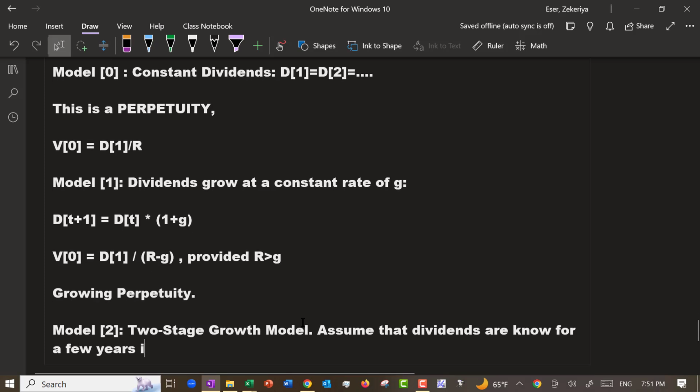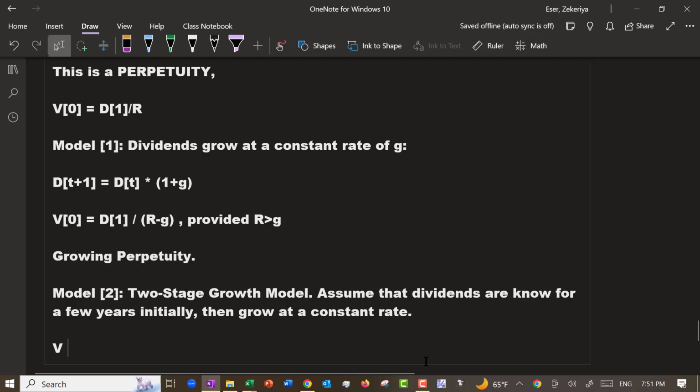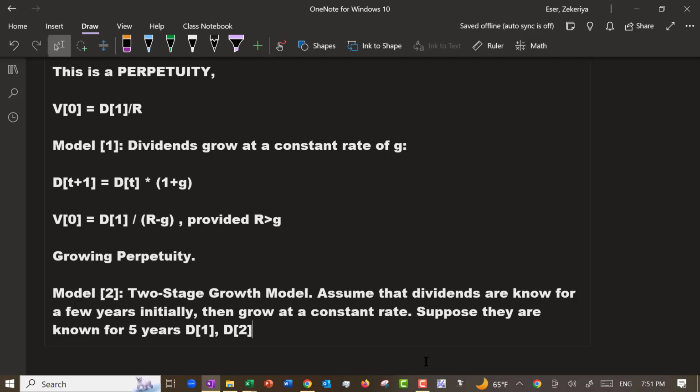And value now is equal to, I'm going to call this PV1 through PV5, where PVT means dividend for that period divided by 1 plus R raised to the power T. Basically, present value of the dividends for the 5 years where we know, plus value at the end of year 5.